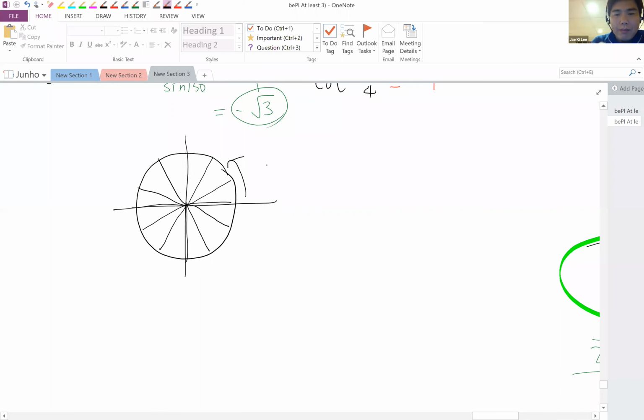So we are measuring angle in the counterclockwise direction. Make sense? That's the positive angle direction.